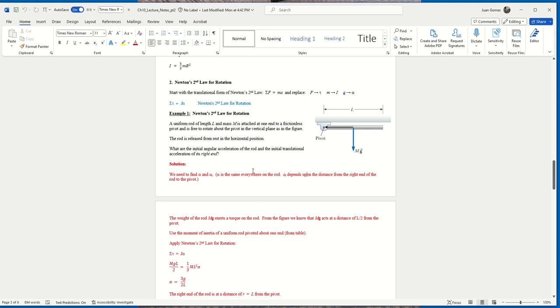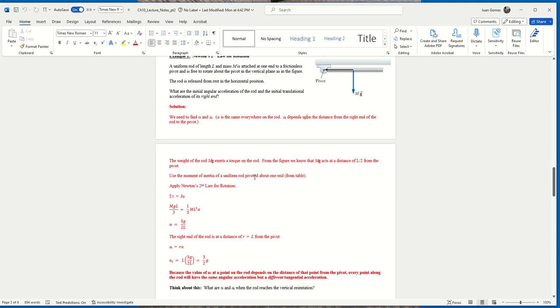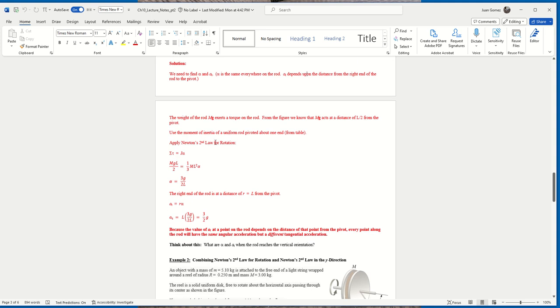The tangential acceleration, a_t, depends on the distance from the pivot. Different points on the rod, because they're located at different distances from the pivot, will have different tangential accelerations. Okay, let's apply Newton's second law for rotation. The sum of the torques equals I alpha.